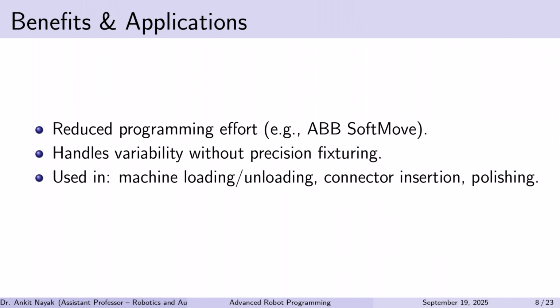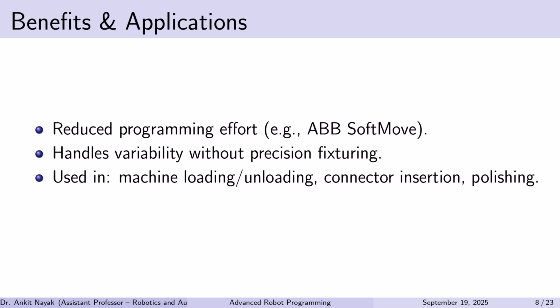There are several benefits of using soft float. First, it reduces programming time. Without soft float, we must program the robot with extremely precise coordinates, which takes a lot of time. With soft float, we can allow small tolerances and the robot automatically adjusts. Second, it increases reliability. Since the robot can adapt to minor errors, it does not fail as often.